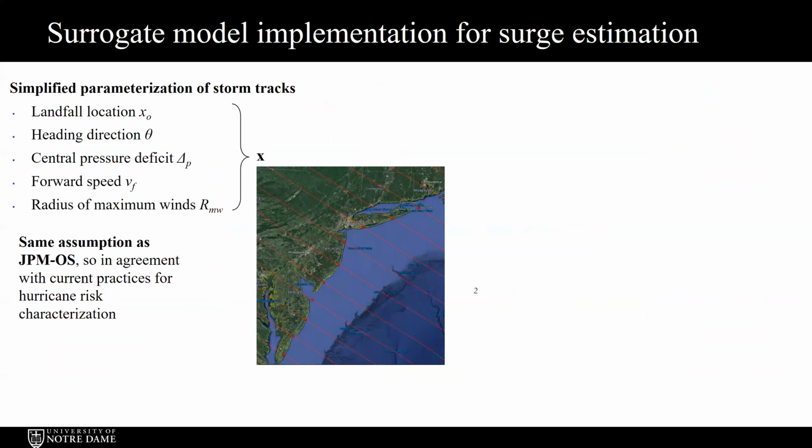Now the question is how we're going to incorporate these techniques into our problem, the surge risk estimation. The implementation relies on a simplified parameterization of the storm tracks so that we end up with a low-dimensional input vector X. These are going to be generally the characteristics close to landfall. The same assumption that's used by JPM-OS for the past couple of decades in the field of hurricane risk assessment.